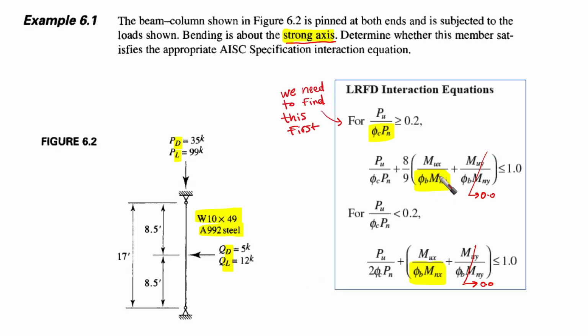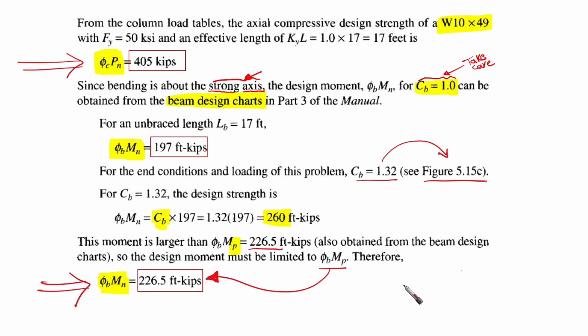Now let's go to the next part. We want to get this part. In general, because it is x, whether here or here, it is going to be used, so we need to obtain it first. Since the bending is about the strong axis, this is the significance of the word strong axis, as I mentioned before.